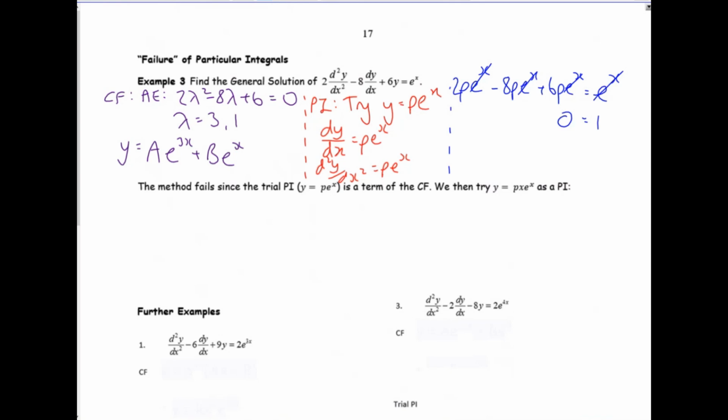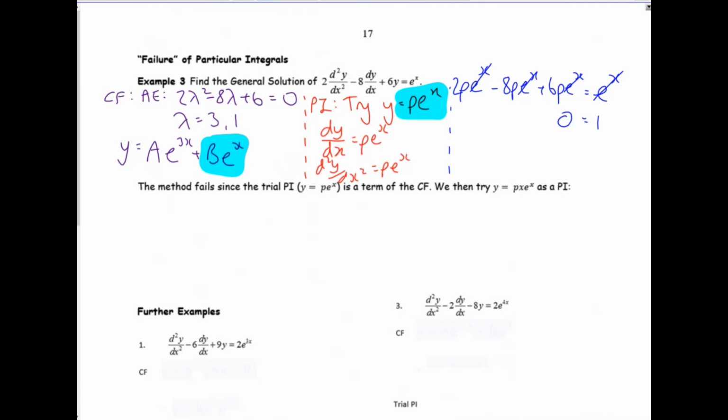The issue that we have is that the particular integral, p e to the x, we already have in our complementary function with a different constant. We've already got just a constant times e to the x.